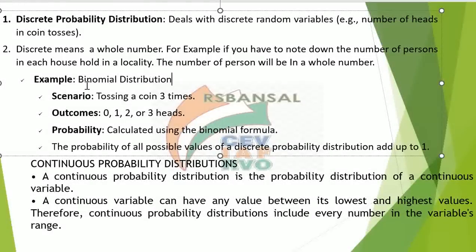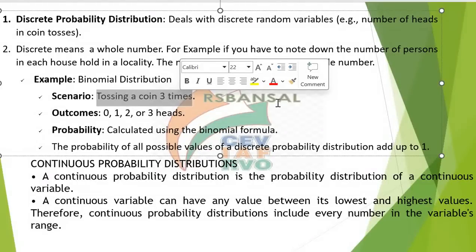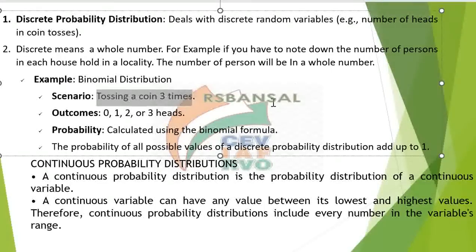Example: tossing a coin three times. You have tossed a coin three times. It means the number of events is three, and outcomes are 0, 1, 2, or 3 heads.